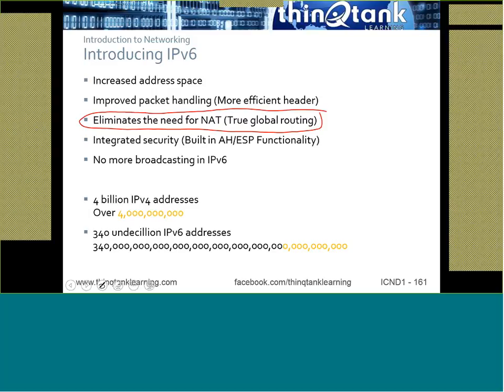Even the thinQtank web servers are IPv6 enabled, so you can access our servers through IPv6 or IPv4. So it's not that it hasn't been around, it just hasn't been widely adopted. Hopefully after our discussion through the rest of today and after lunch, you guys will be a little bit more excited about maybe implementing IPv6.